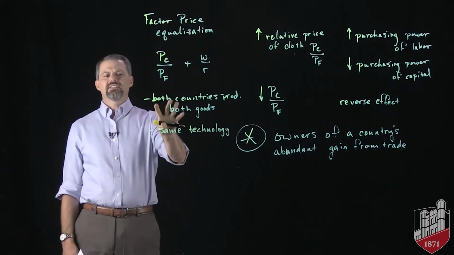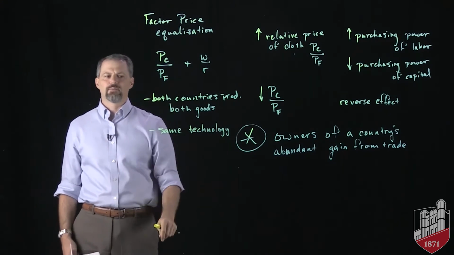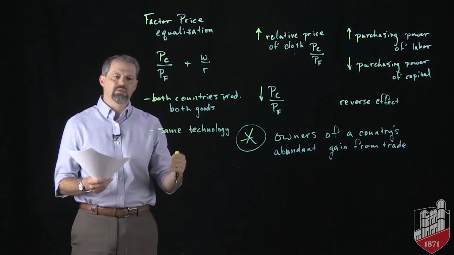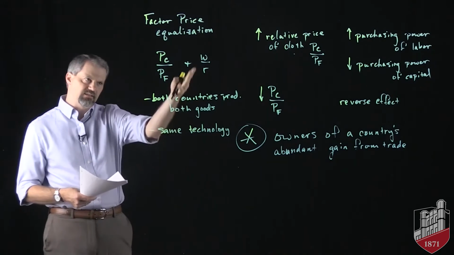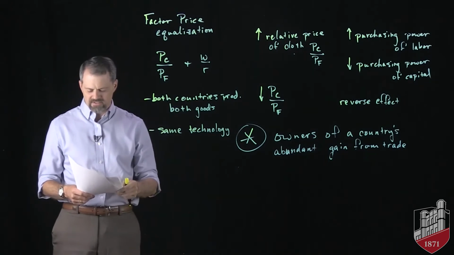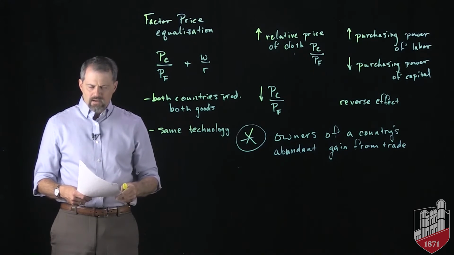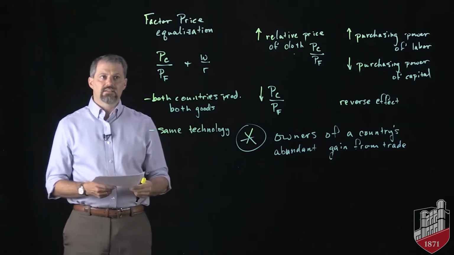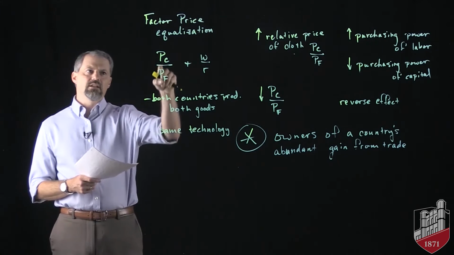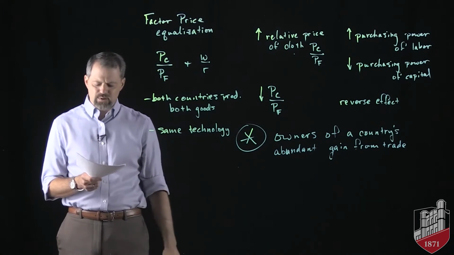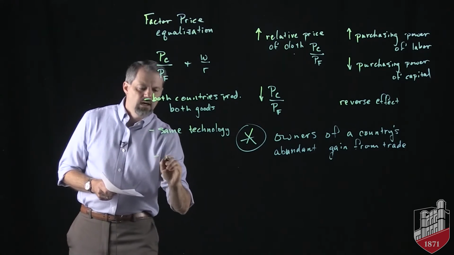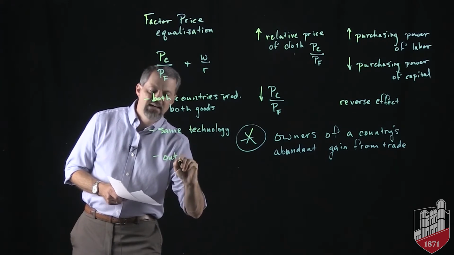So that's an assumption that we're making that leads to this conclusion that we don't tend to see in the real world. It can also be the case that the relative world price may not completely converge, and so output prices might not converge.